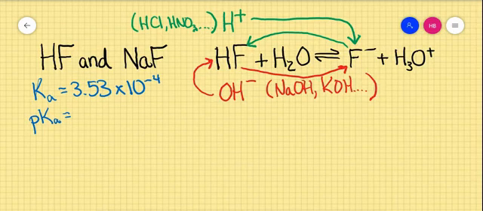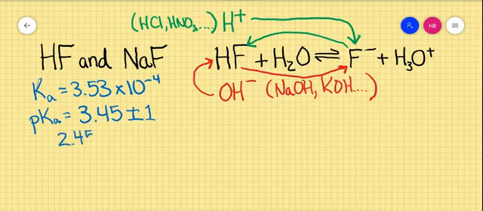So in your calculator, you plug in negative log of 3.53 E minus 4, and the pKa in this case is 3.45. So the range is 3.45 plus or minus 1. That means that this buffer system will protect pHs in the range of 2.45 to 4.45.